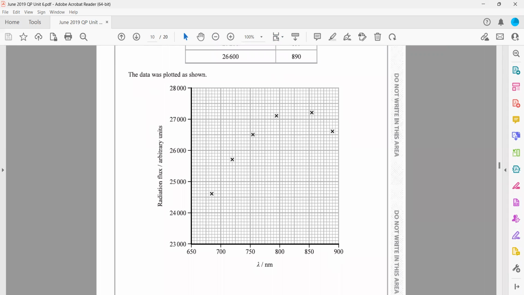So how can we work out the maximum radiation flux? Look, you don't have to draw straight lines here, because when you try to draw a straight line, you cannot have a best fit straight line through the points.